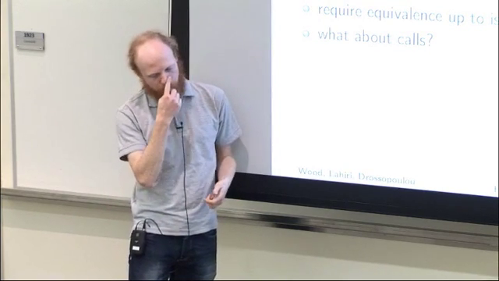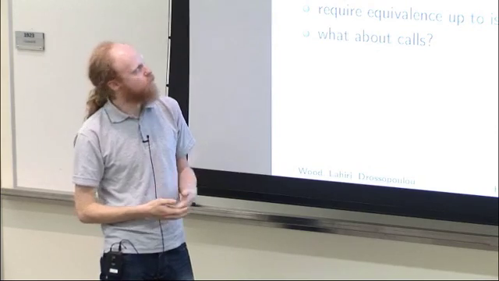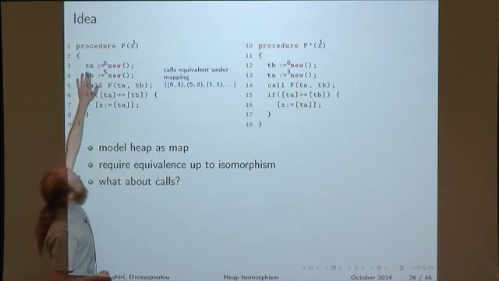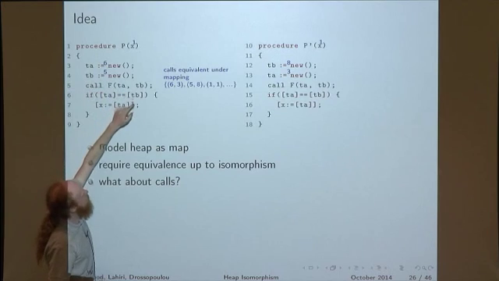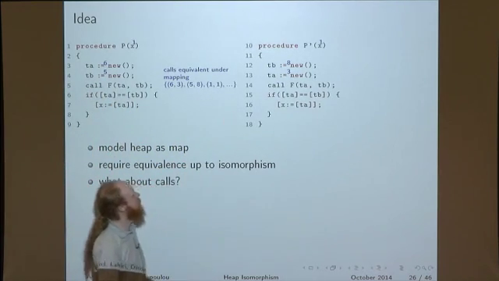So if you start at the stack variable X, for example, then you reach 1 and 1 there, and 1 and 1 are mapped here.